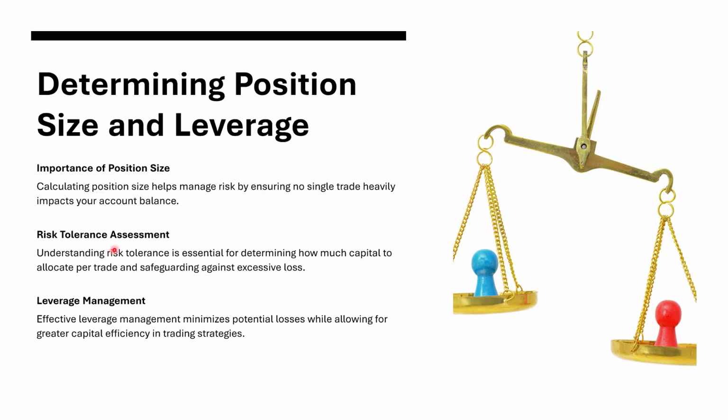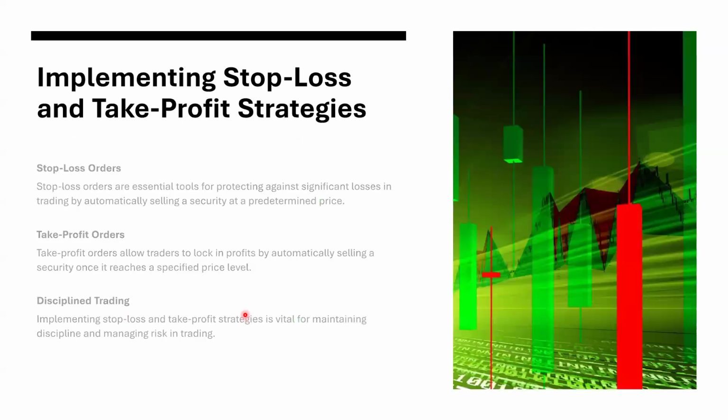Risk tolerance assessment: understanding risk tolerance is essential for determining how much capital to allocate per trade and safeguarding against excessive loss. All these things come with risk reward ratio. Leverage management: effective leverage management minimizes potential losses while allowing for greater capital efficiency in trading strategies. All these things work together, and you must pay very close attention to all of them.